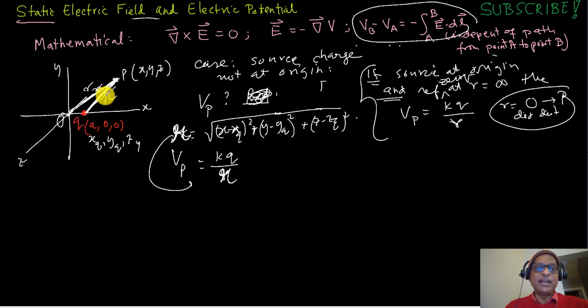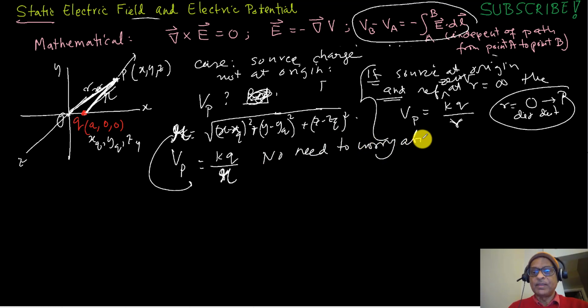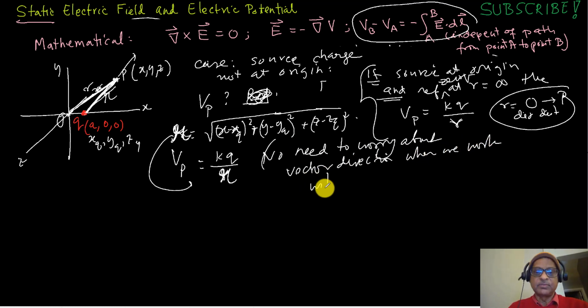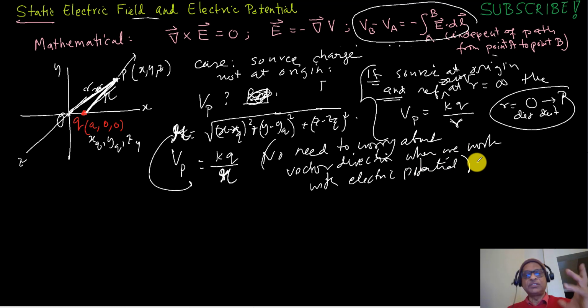And notice that I don't need to worry about the vector direction, things like that, because this is a scalar. No need to worry about vector direction when we work with electric potential instead of field. But we don't have Gauss's law to help us here.